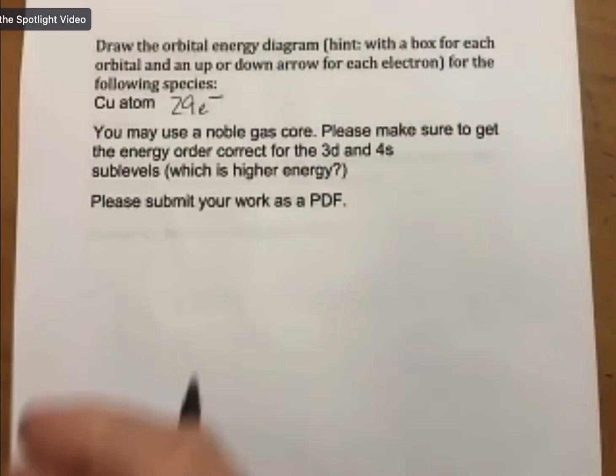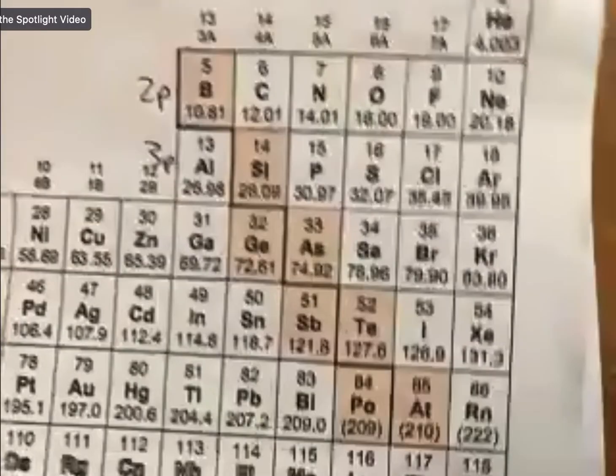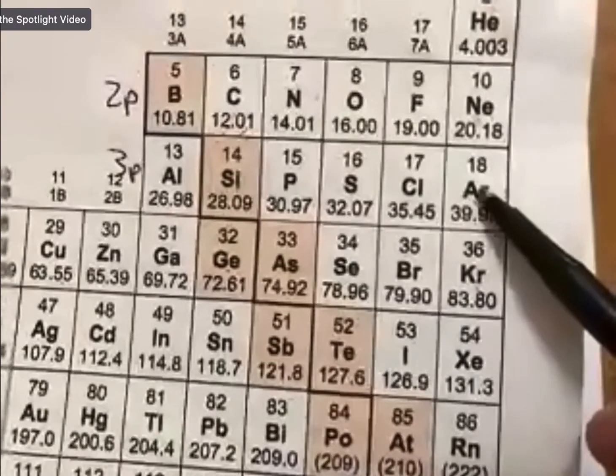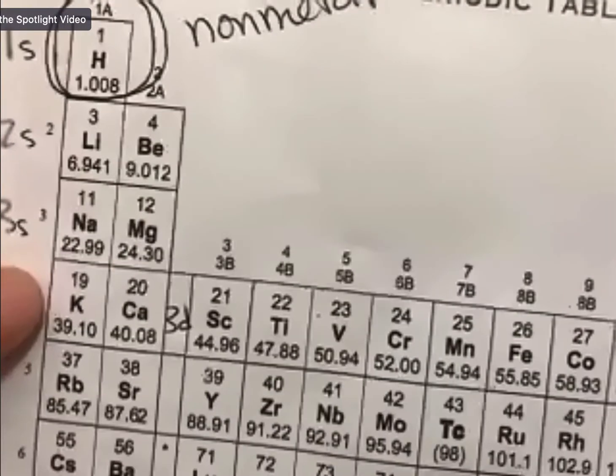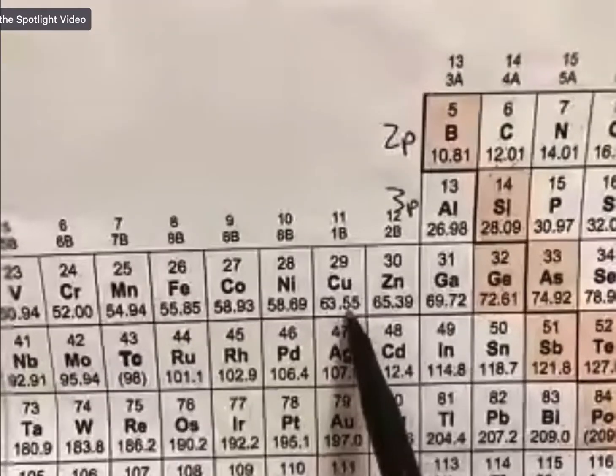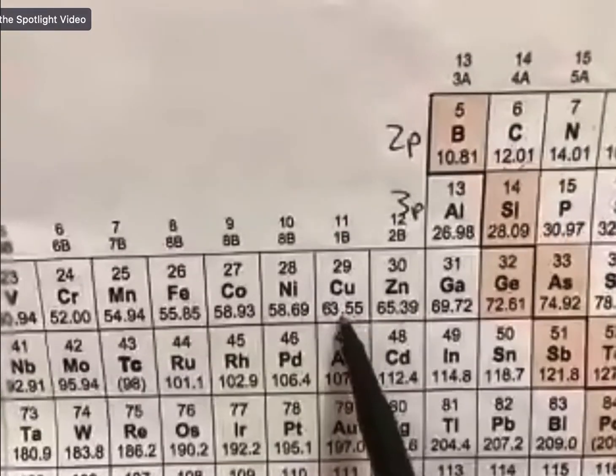Now, using a noble gas core, you notice that the first 18 electrons are the same as argon. Then you're going to go 4s2, 3d, almost all the way across to 9.